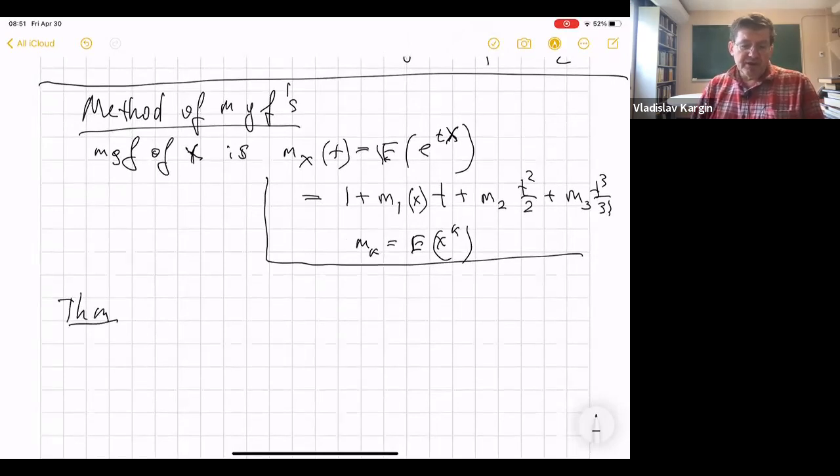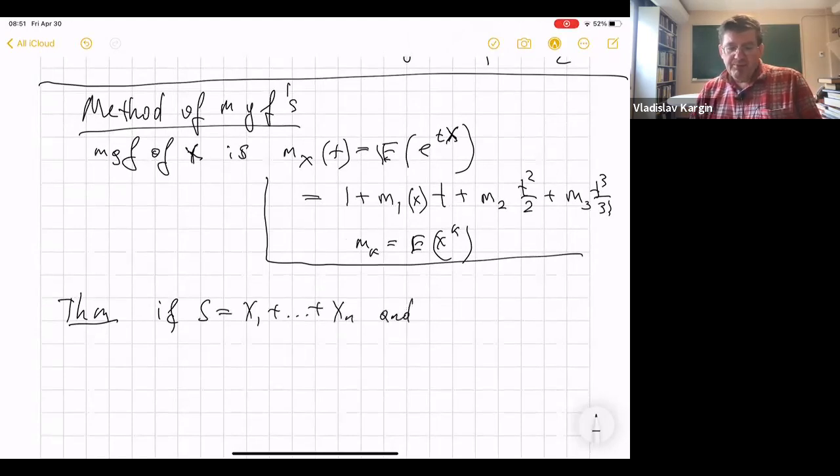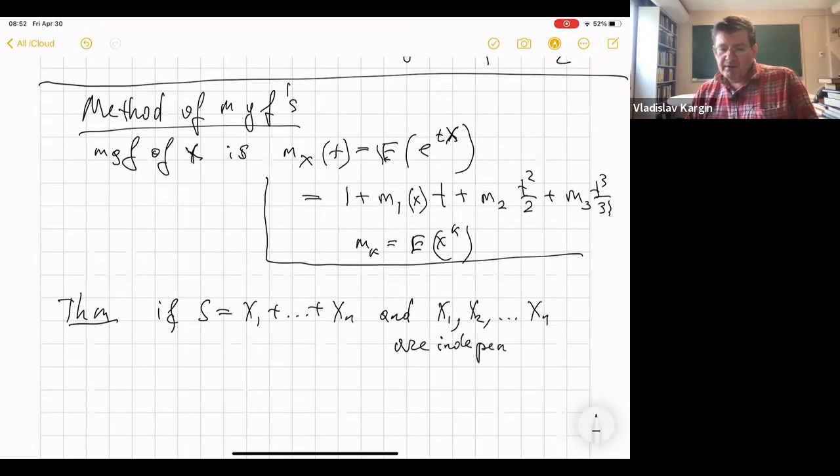It says that under some condition, if S is equal to x1 plus so on plus xn, and this is important, x1, x2, up to xn are independent, then you can write down the MGF of the sum.